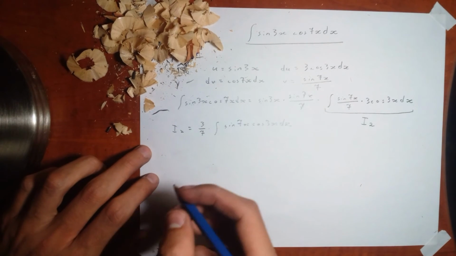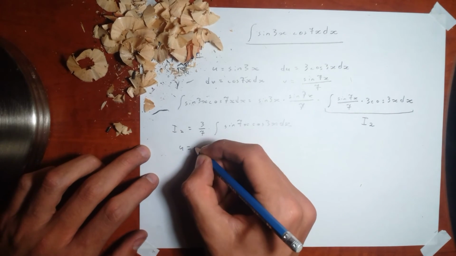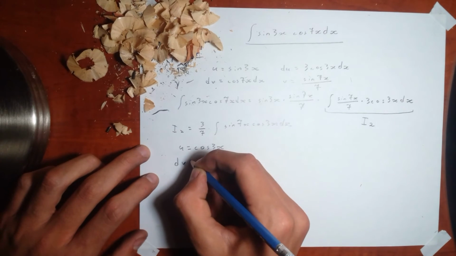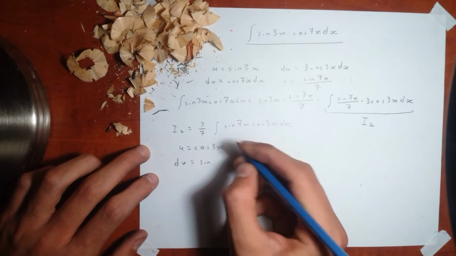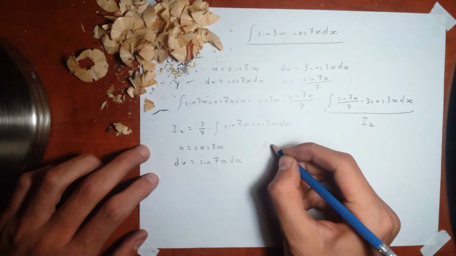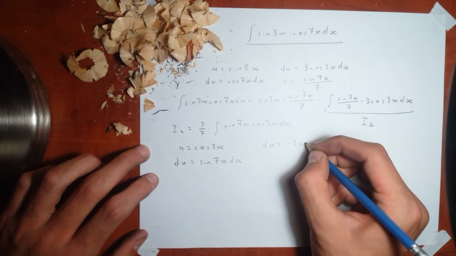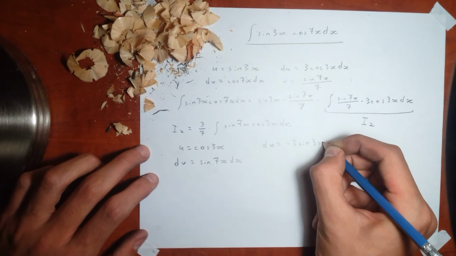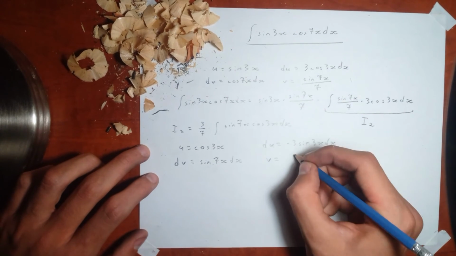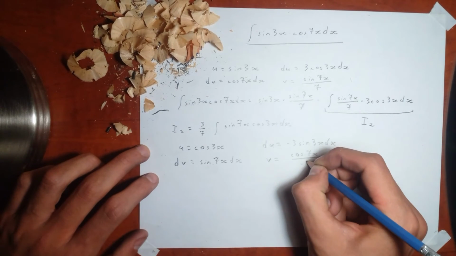To solve this, we will now assign u equals cosine 3x and dv equals sine 7x dx. Therefore, du equals negative 3 sine 3x dx and v equals cosine 7x over negative 7.